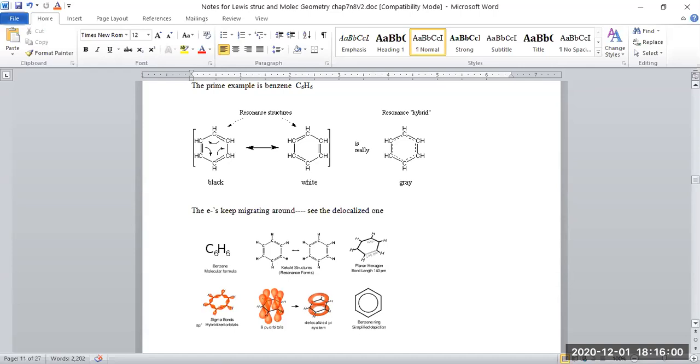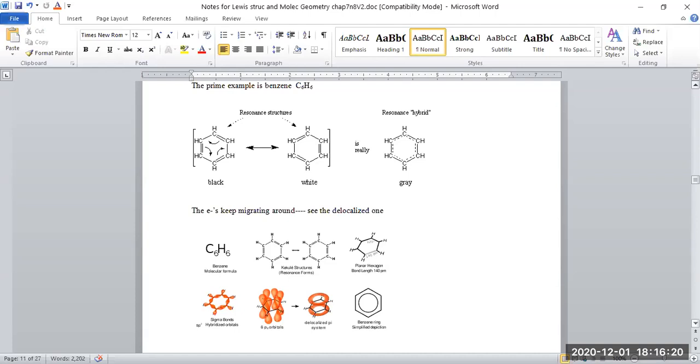But in order to be super stable, look at the little curvy arrows there. It goes flop, flop, flop, flop, flop, flop, flop, and your double bonds rotate.